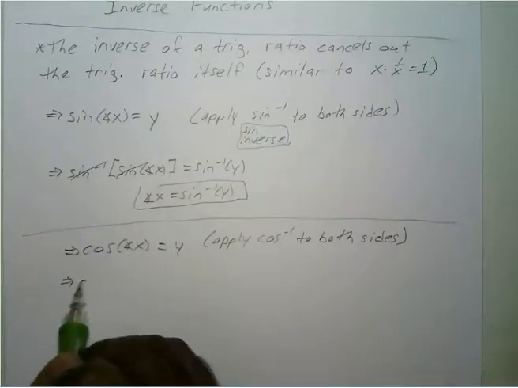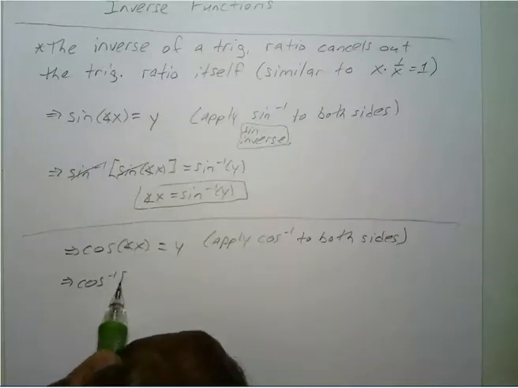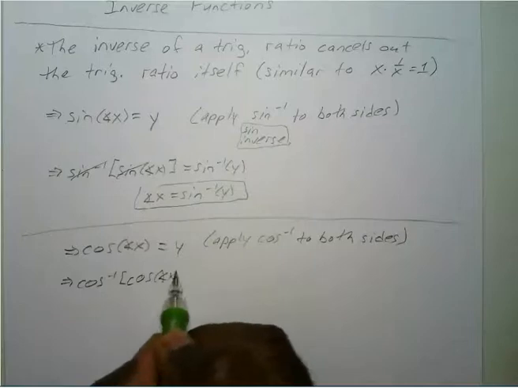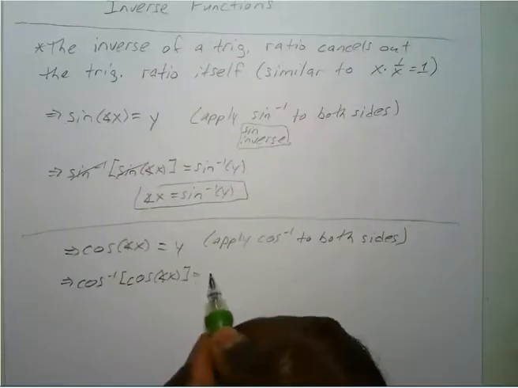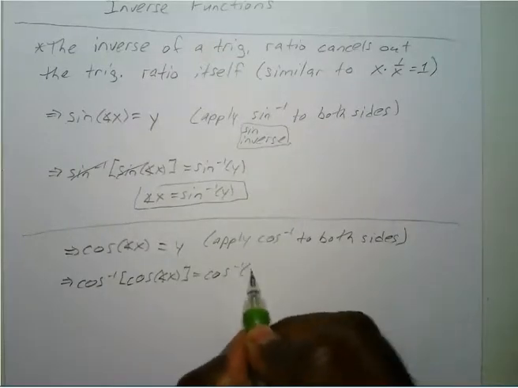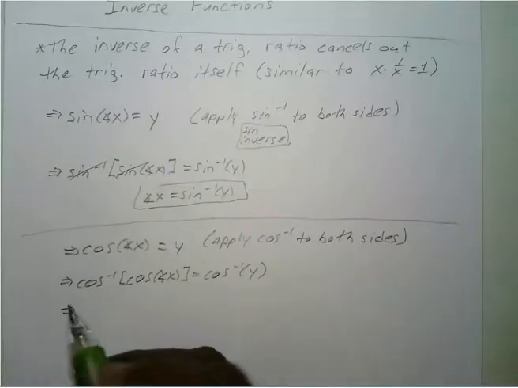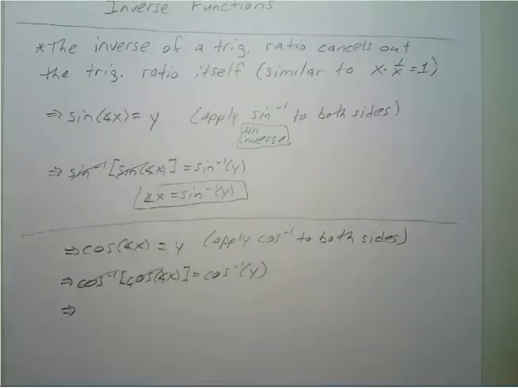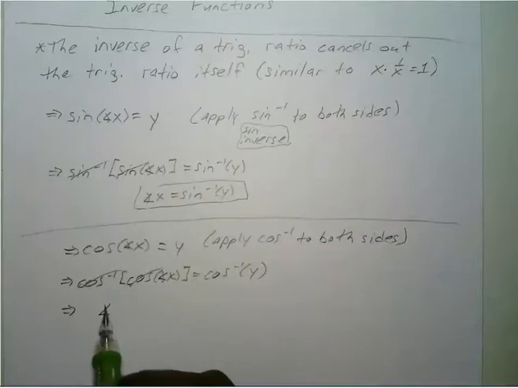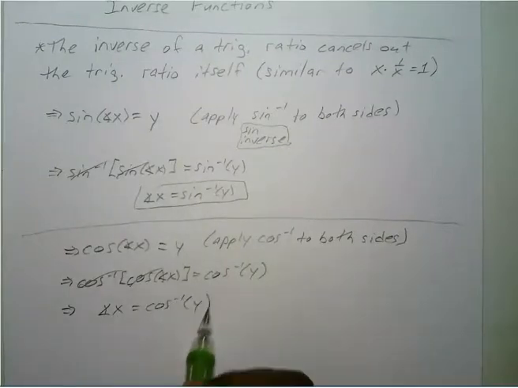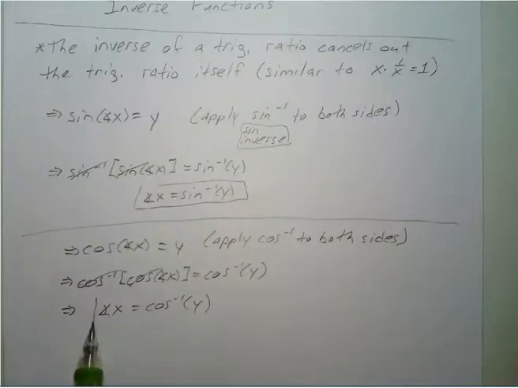So that gives us cosine inverse of the cosine of angle x equals the cosine inverse of y. Again, the cosine inverse and cosine cancel each other out. So you get angle x equals the cosine inverse of whatever your y value is.